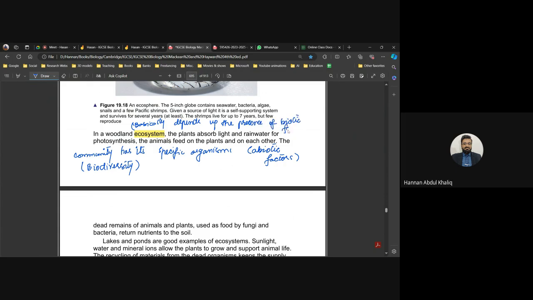Simply putting it, if I am living in an area, I am depending upon the abiotic factors in that area, such as supply of food and my quality of life.